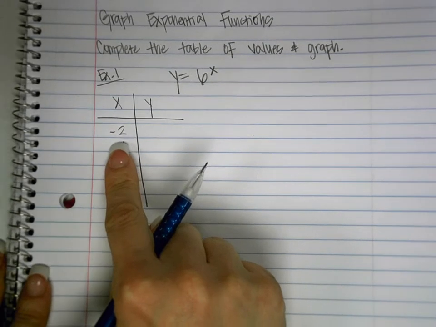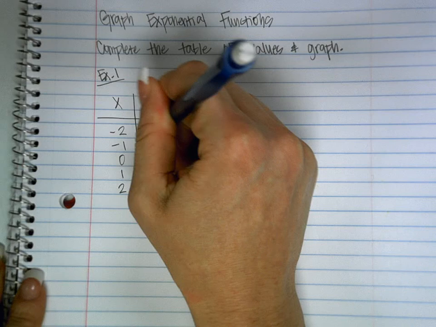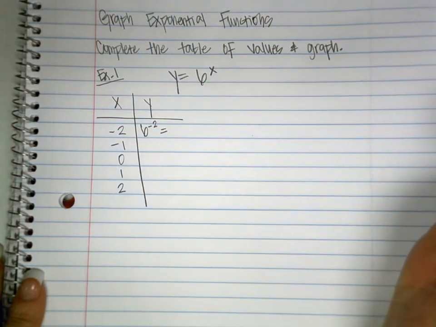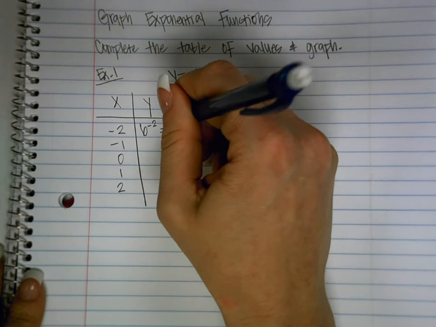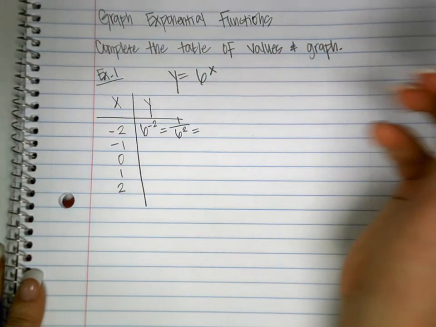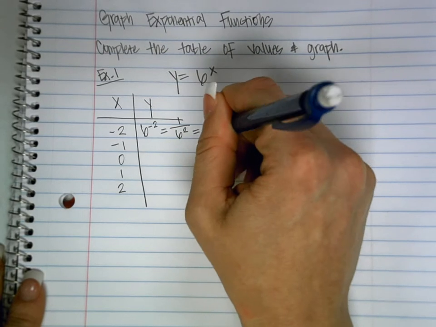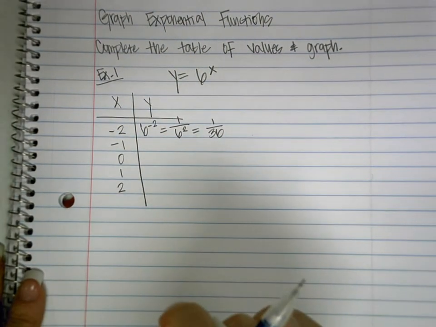So if I plugged in 6 to the -2, what would that give you? What is 6 to the -2 power? Move it to the bottom, so it'd be 1 over 6 squared, which becomes 1 over 36. So my point would be -2, 1 over 36. Right?